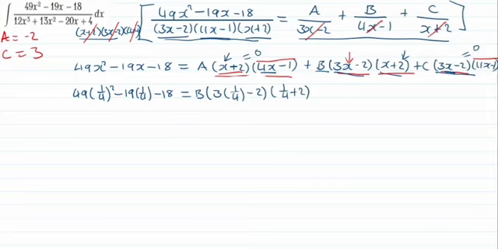So punching this on our calculator, we're going to have 49 multiplied by 1 over 4 squared, then minus 19 multiplied by 1 over 4, then minus 18, meaning the overall answer that I'm getting on this left hand side is going to be negative 315, then everything over 16.